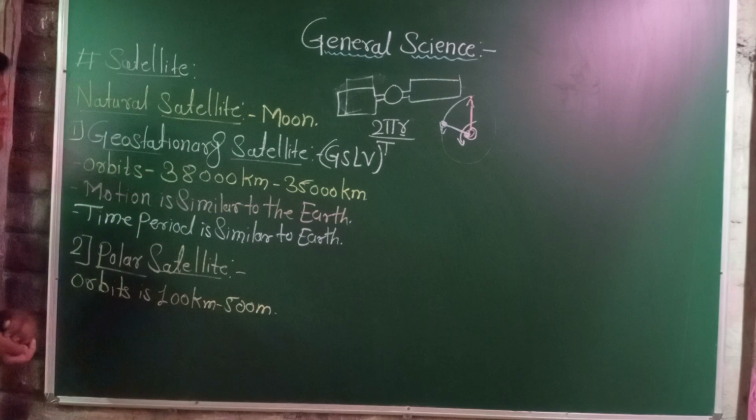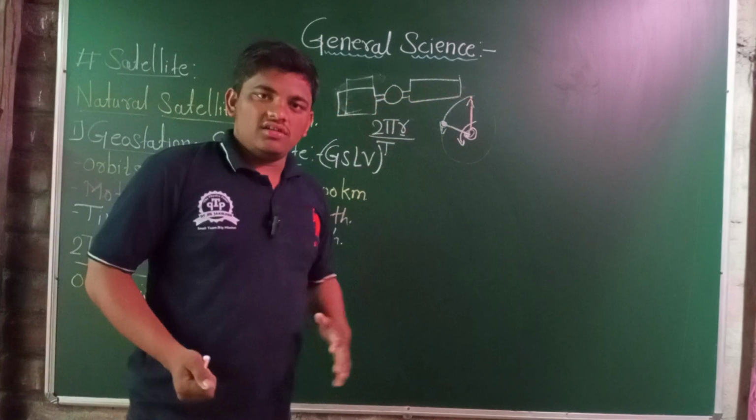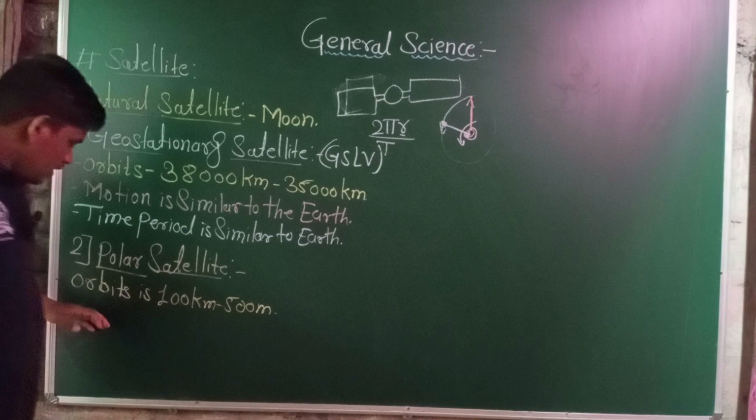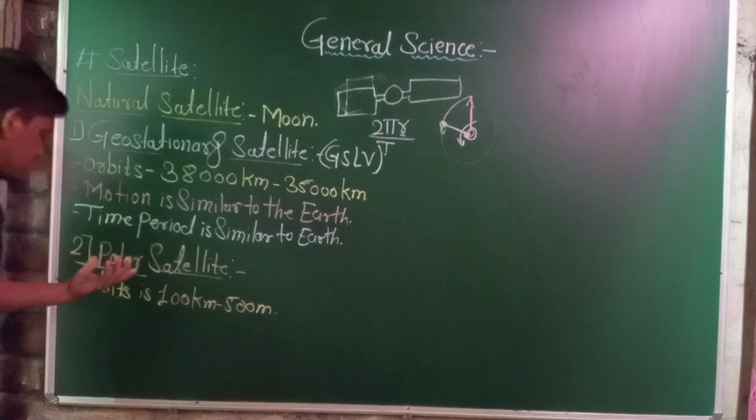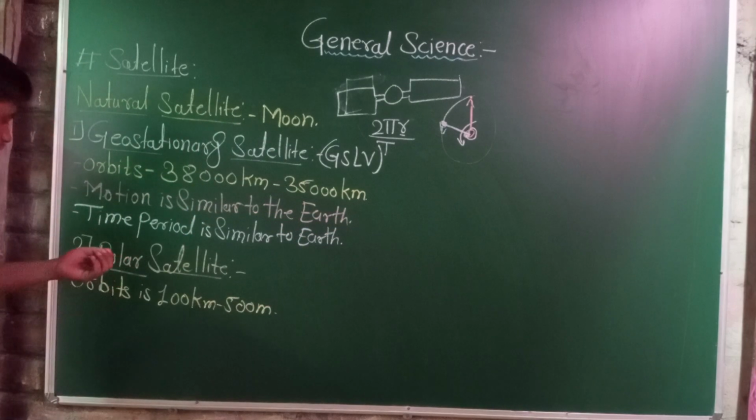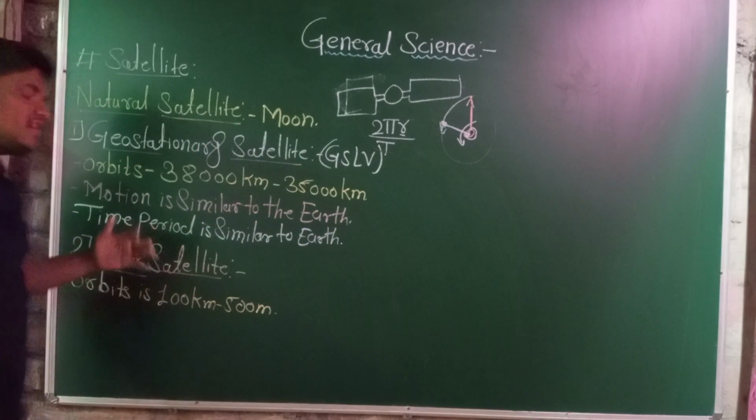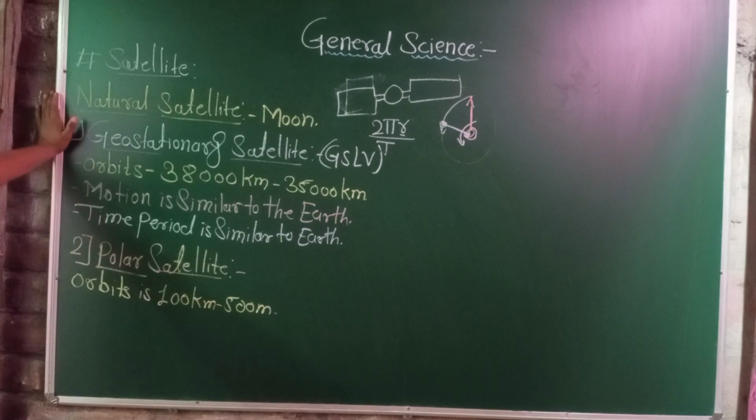This is parallel to that particular Earth. The orbital range is much less compared to the geostationary satellite. The orbit radius of polar satellites is much less than that of geostationary satellites.